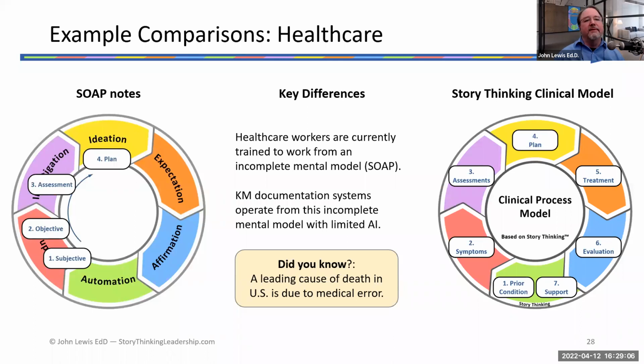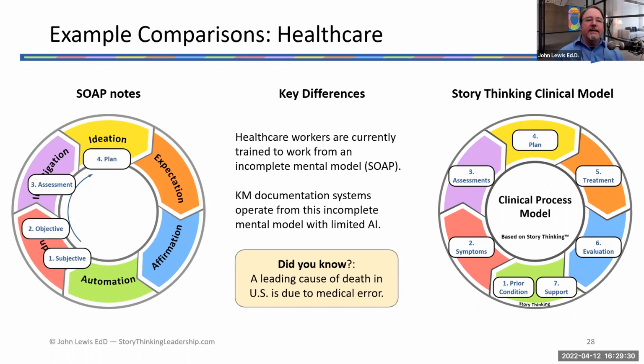That's the end of the official mental model of healthcare, versus the clinical process model that was based on story thinking. And let's look at the difference. Healthcare workers are currently trained to work from an incomplete mental model. The KM and documentation systems operate from this incomplete mental model. That means limited AI.